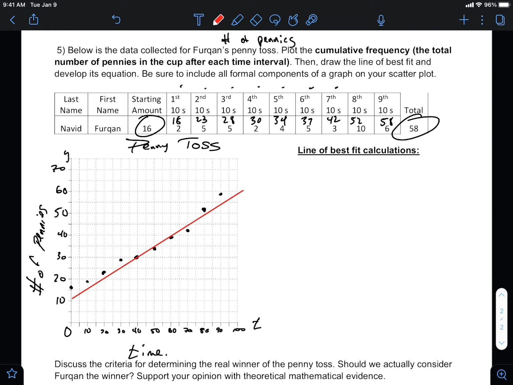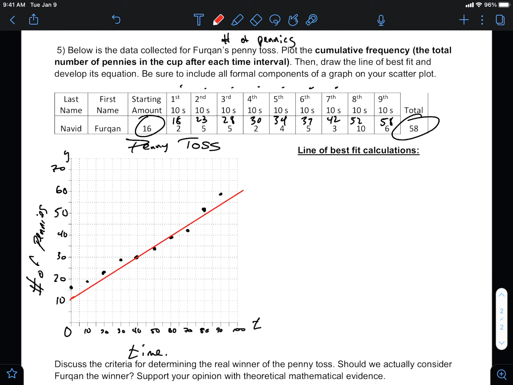I called the y-intercept 10. Everybody's line of best fit is going to be a little different, because it's an estimate. Each of you will draw a different line, so when you do the calculation, it's going to be a little bit off. I called the y-intercept close enough.